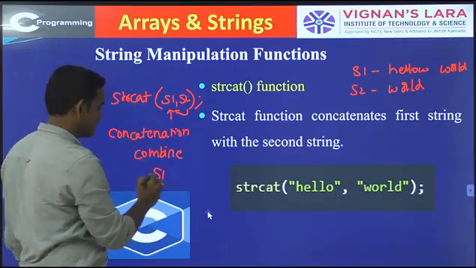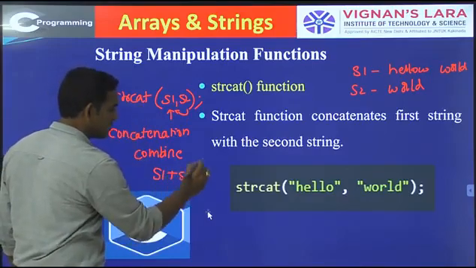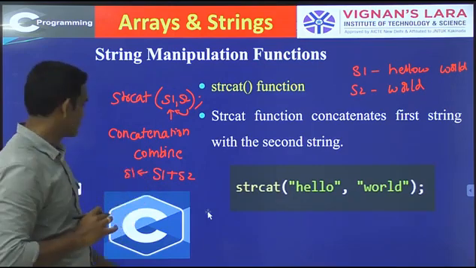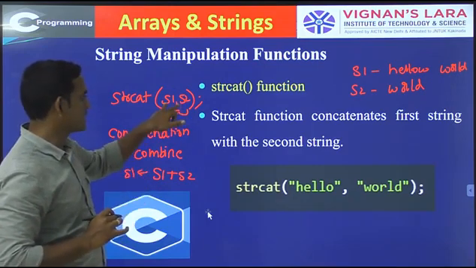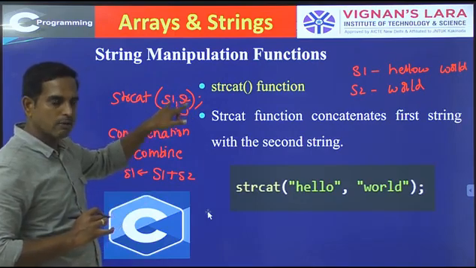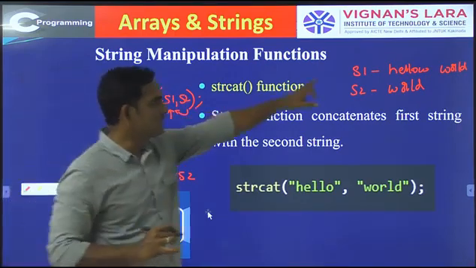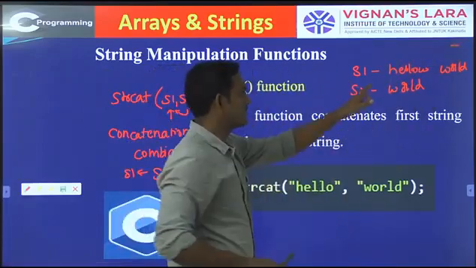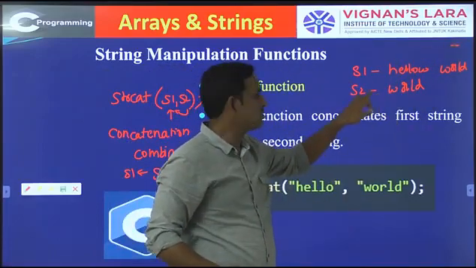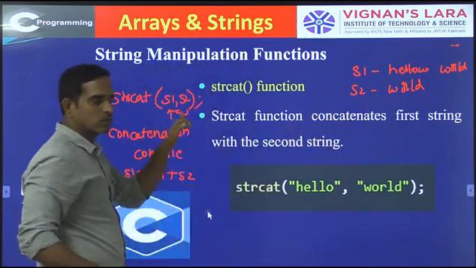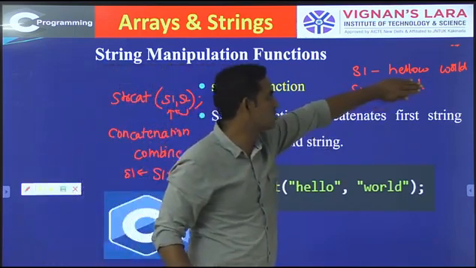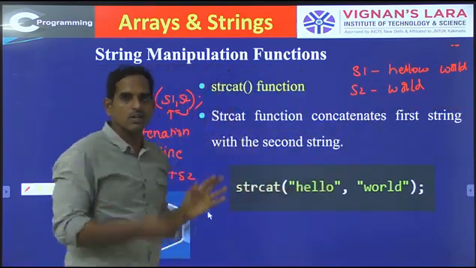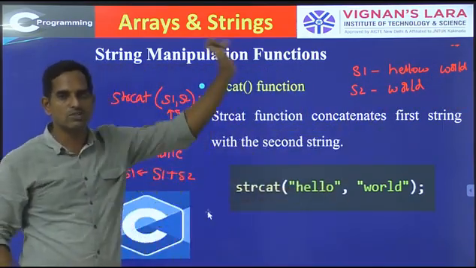It will happen as s1 plus s2, and that will be stored in s1. Initially you have only the word hello in s1 and world in s2. When I perform strcat s1 comma s2, the s2 contents will be combined with the s1 contents. Now s1 will contain the words hello world.